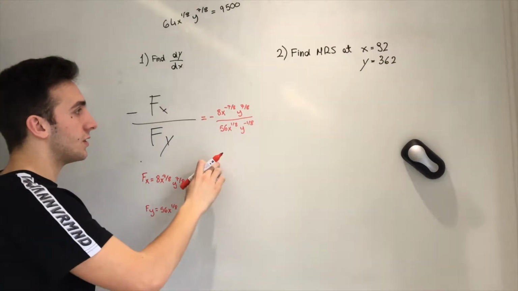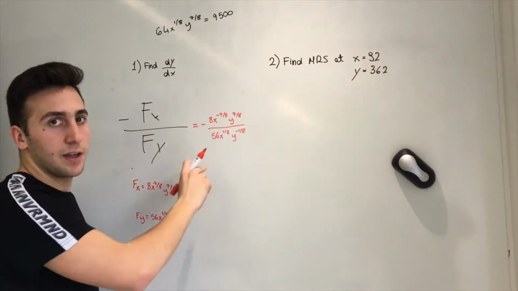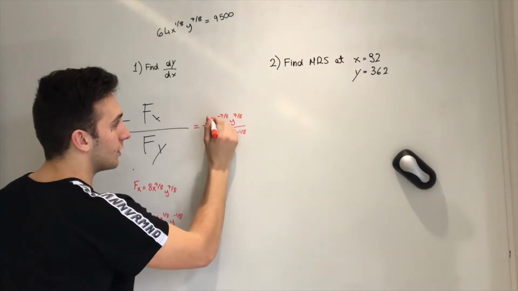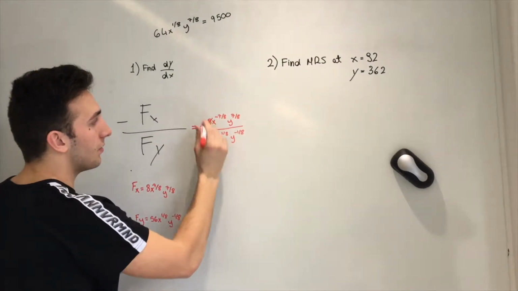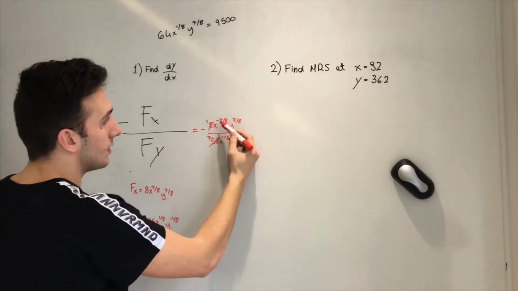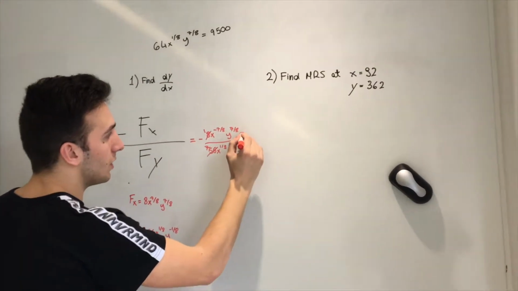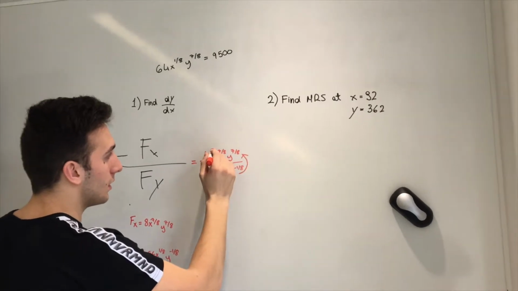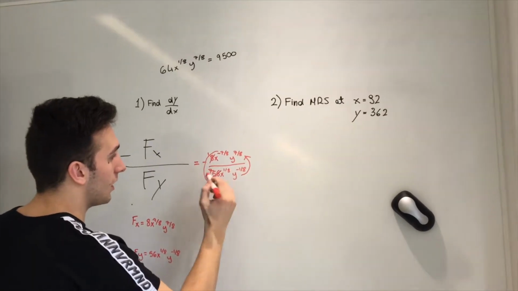Okay, so after this step, we have to simplify the equation. So you can see here, we can simplify these. This becomes 1, this becomes a 7. And since this is a negative, this is a negative, we switch their places in order to make them positive.